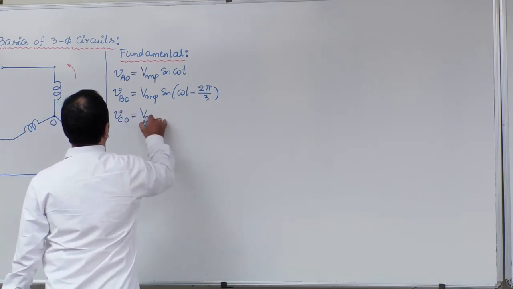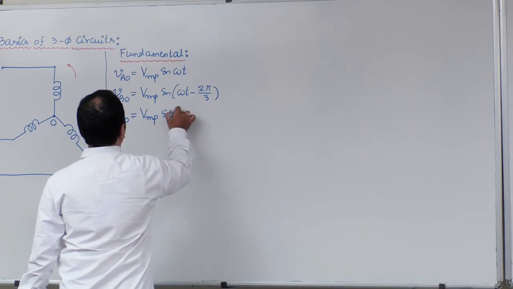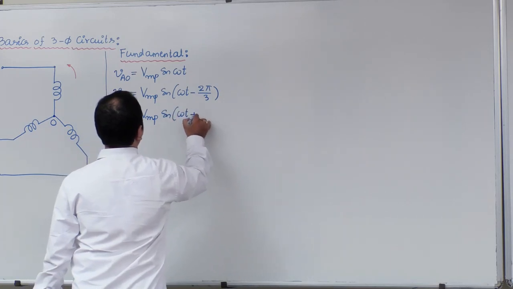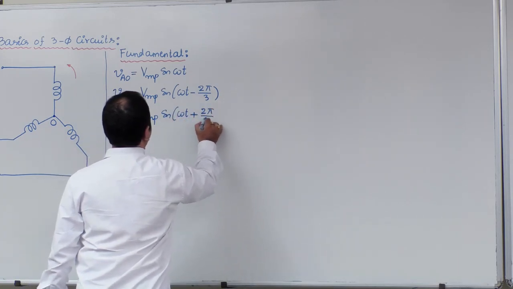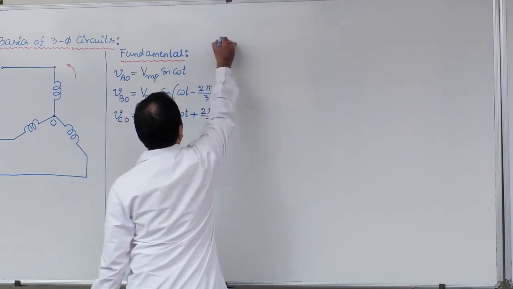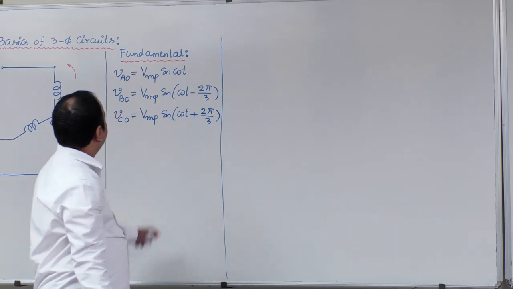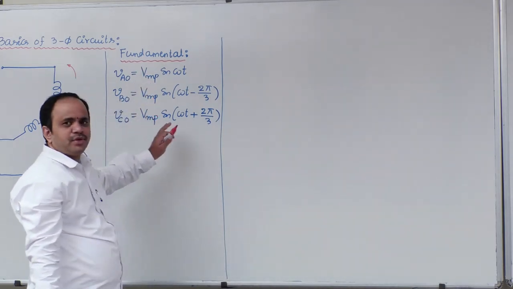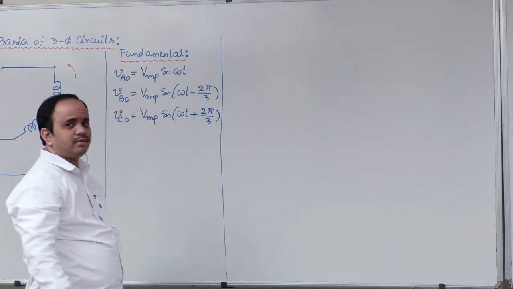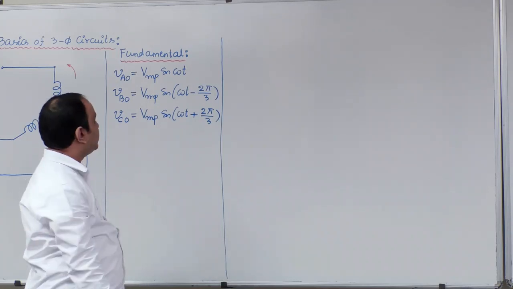VCO is equal to VMP sin of omega t plus 2 pi by 3. Let us put these in one column. These are the basic three-phase voltage waveforms at the fundamental frequency.